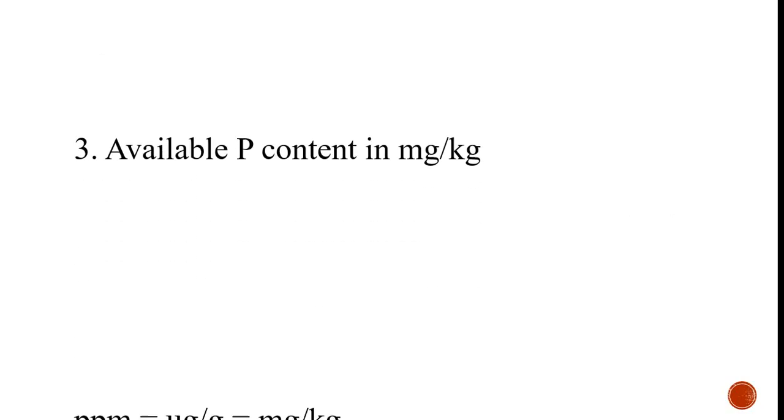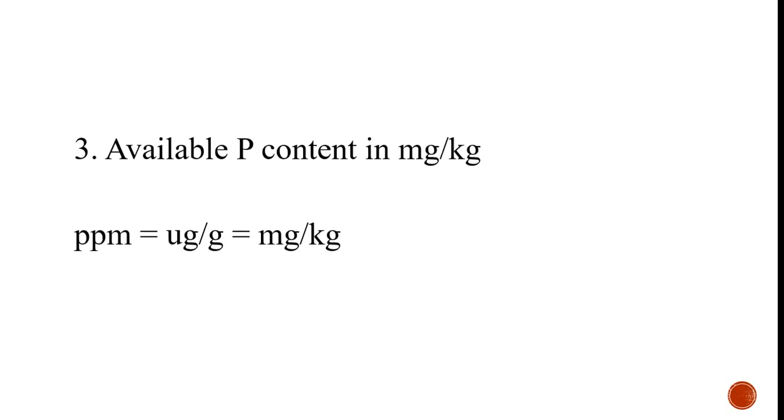Now, in the third question, we have to calculate the available phosphorus content in milligrams per kilogram. This expression here shows that parts per million is the same as micrograms per gram, and it's also the same as milligrams per kilogram. It means that if I have any value of any quantity in parts per million, that value will be the same in micrograms per gram, and also the same in milligrams per kilogram.